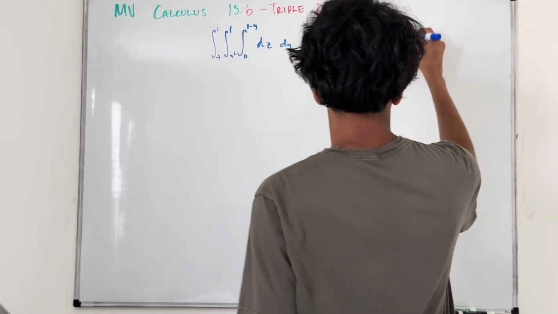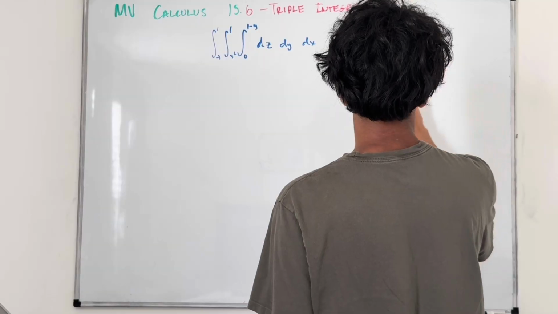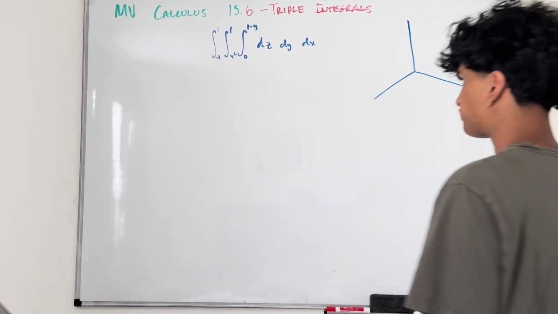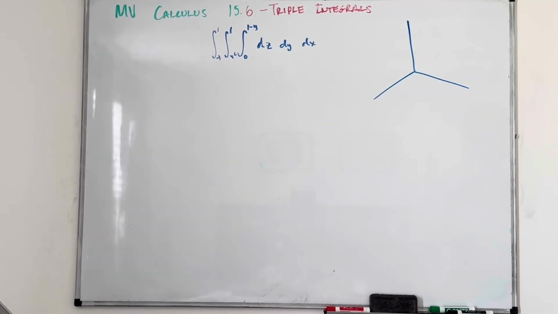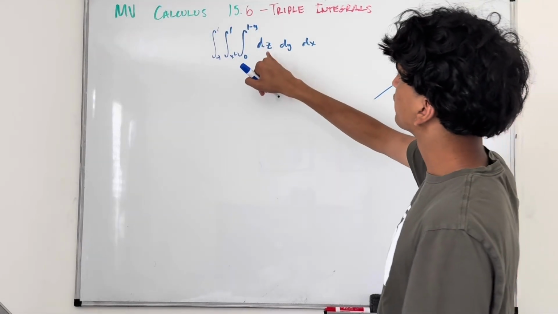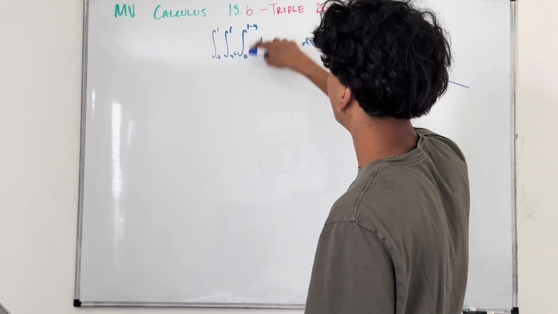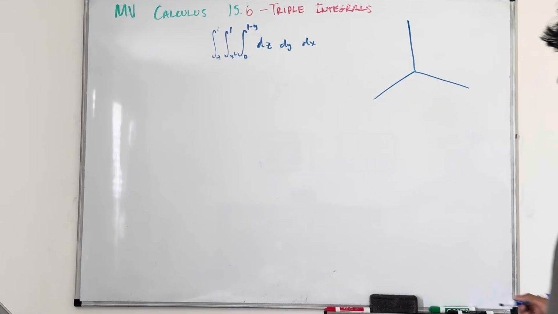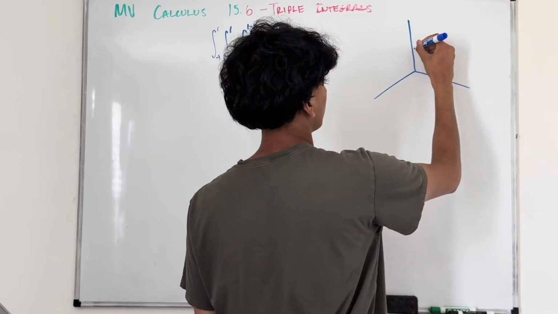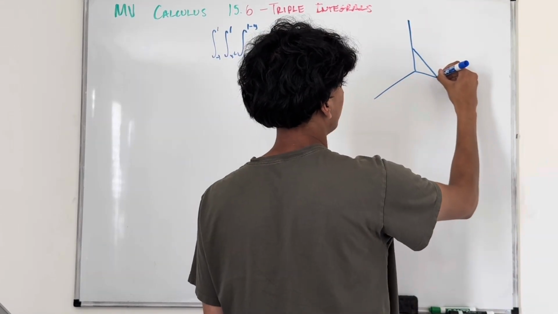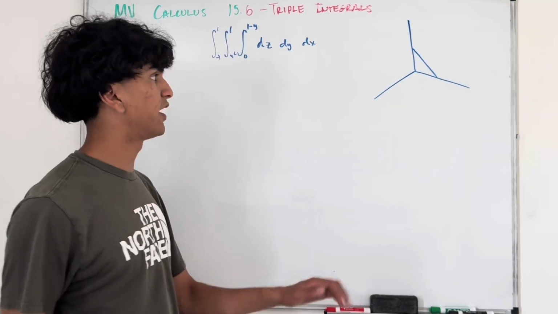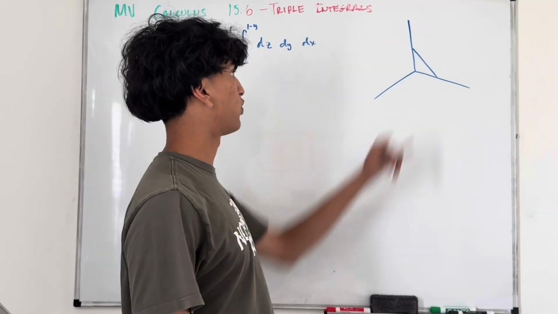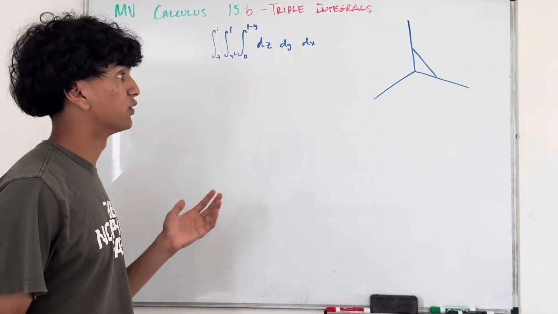So let's just draw the region. Here's how you want to think about this. I'm going from the z function 1 minus y to 0. So 1 minus y is a plane that contains a line.